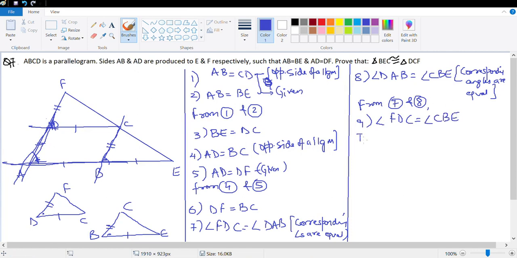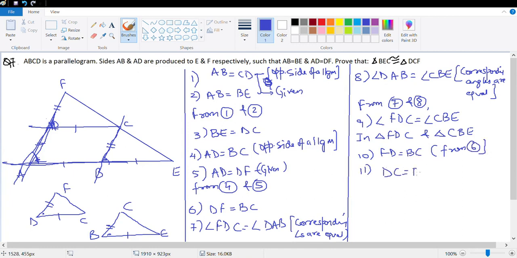Perfect. So in triangle FDC and triangle CBE, number 10, FD is equal to BC. From this, which number was this? FD is equal to BC is 6. Next, DC is equal to BE from 3.